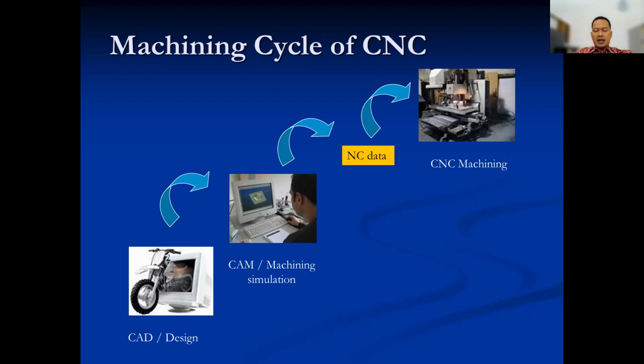After you finish the design, you continue to machining simulation by using computer-aided manufacturing. Here, you can simulate the movement of tools using software, for example CATIA. So all of you have to install CATIA on your own laptop or PC.